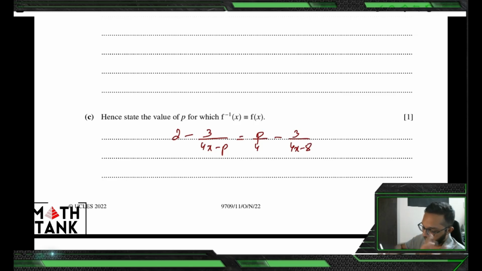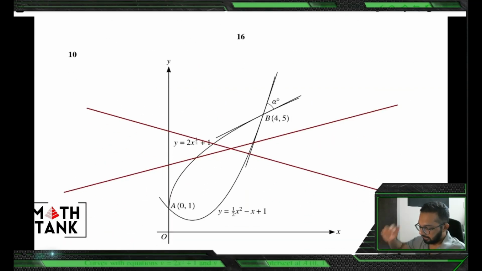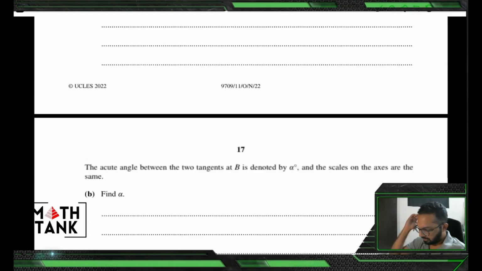Now it's very easy to see. You can see this last term, and that p is 8. Therefore it says hence state only, because it's obviously there. Okay, that was the end of that question.